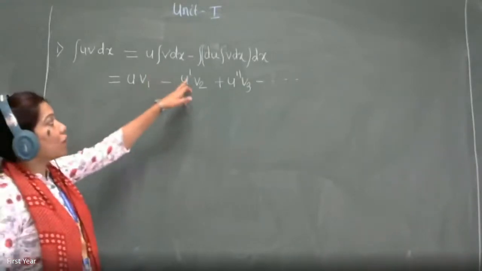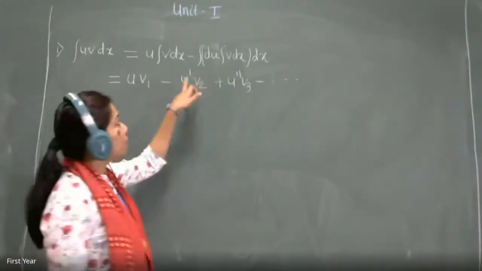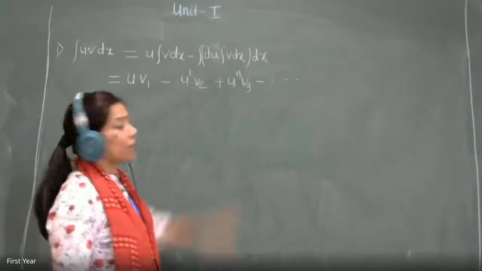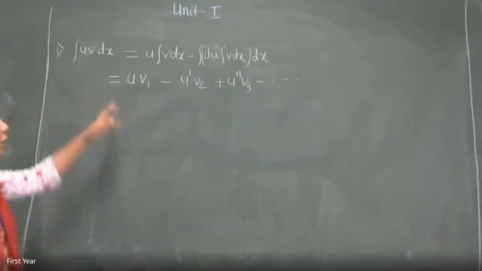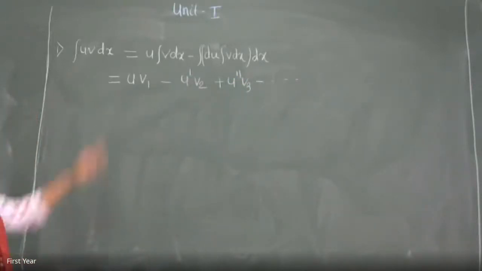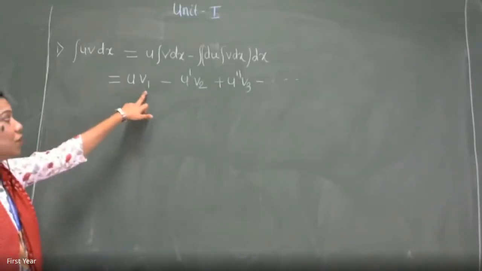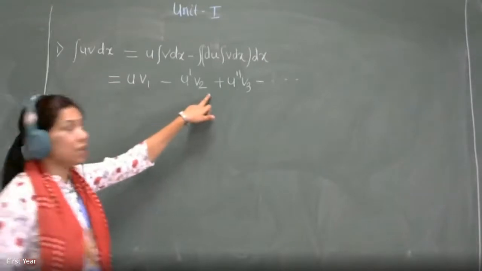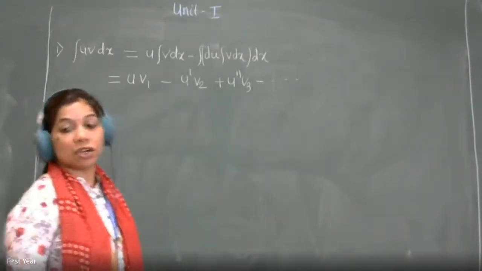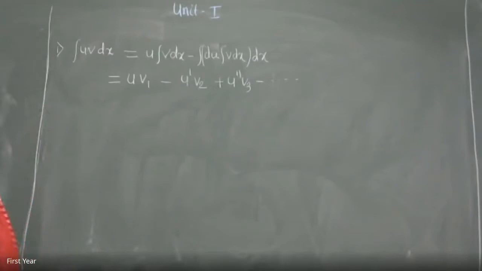Derivatives are also denoted by this dash. First order derivative is u dash, second order derivative is u double dash, and so on. We have used this in Fourier series, so maybe sometimes we'll be using it here also. Okay, fine. So this is the first formula.